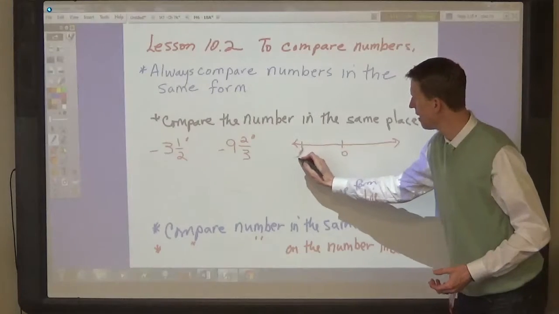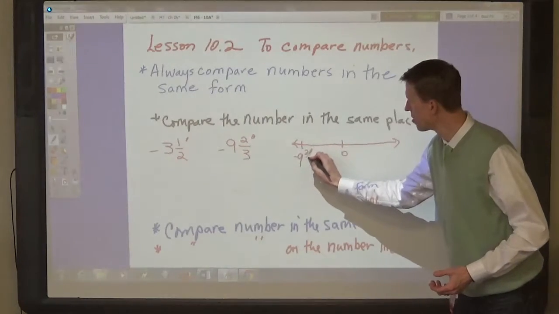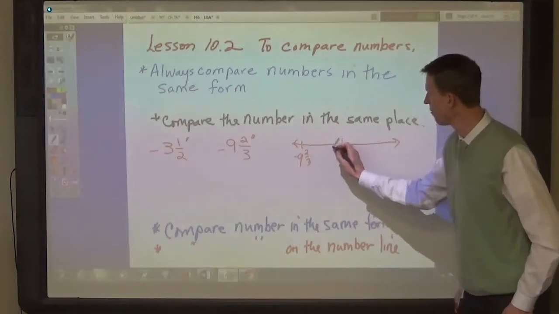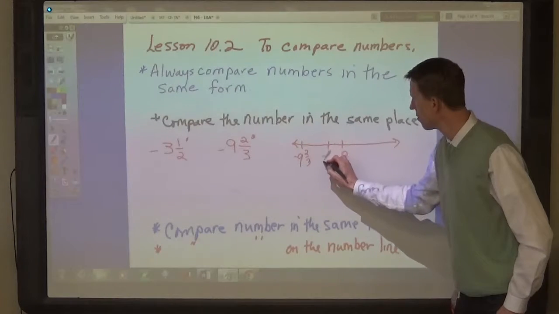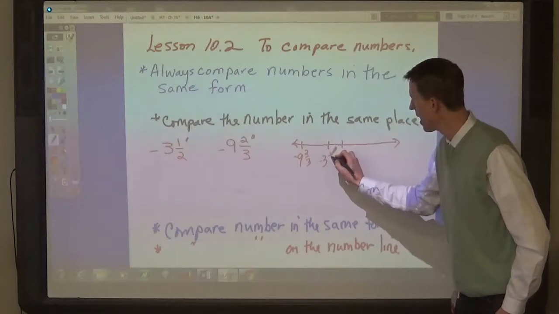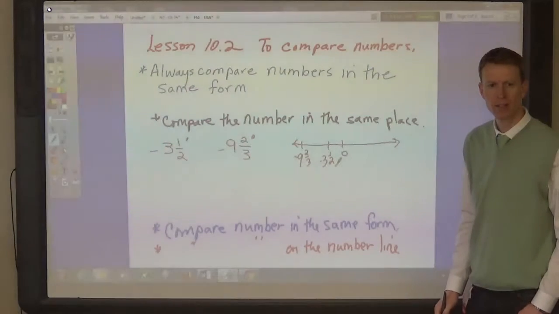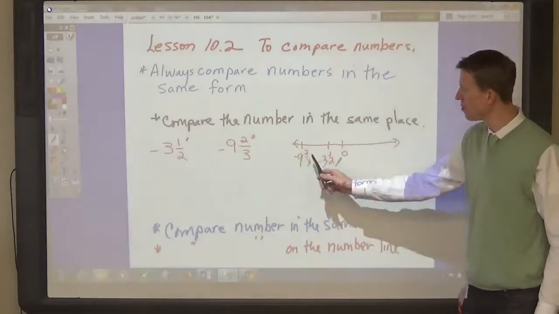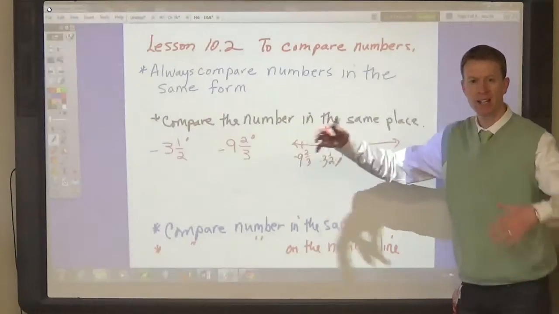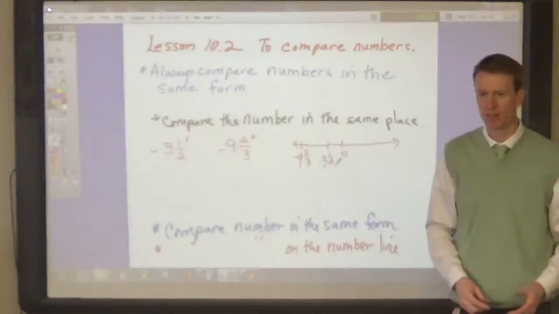So think, negative 9 2/3 would be to the left of negative 3 1/2 on a number line. Okay? So if it's more negative, it has a lower value.